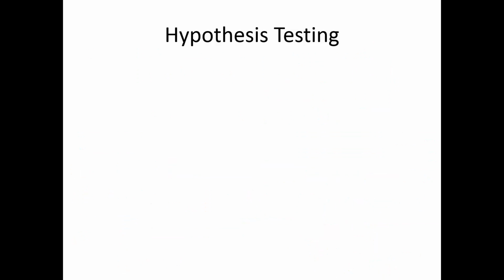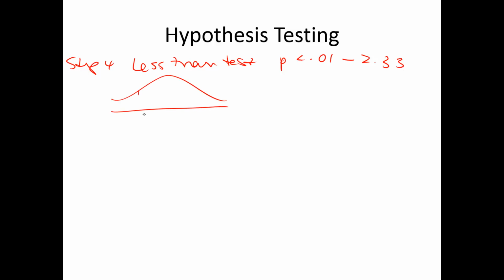Okay. For step 4, we're doing a less than test. And then we're using p less than 0.01. So that makes it negative 2.33. So this is reject out here. This is going to be fail over here.